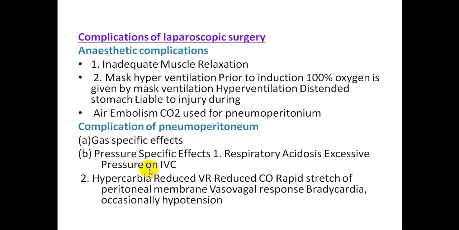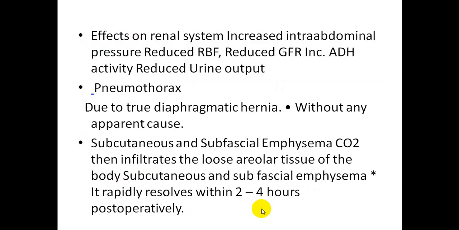Effect number one is respiratory acidosis, and increased pressure on the venous circulation. Hypercapnia, reduced venous return, reduced CO2 in the blood circulation. Effect on the renal system: increased intra-abdominal pressure reduces renal blood flow, reduces glomerular filtration rate and ADH activity, and reduces urine output.